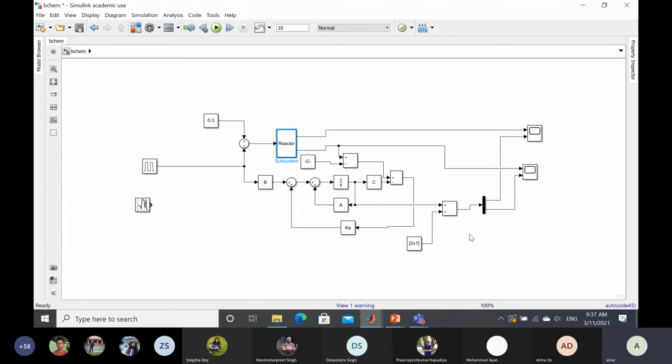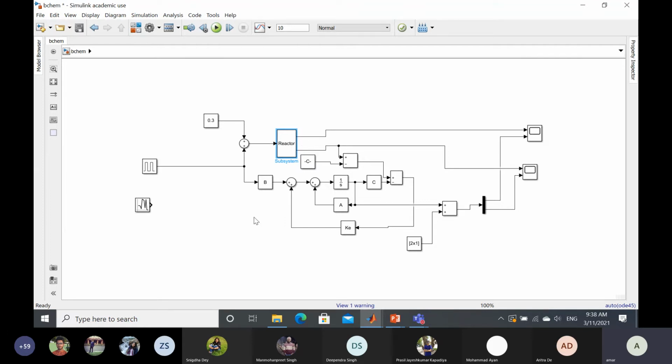So this is basically an observer designed based on the linearization of the nonlinear reactor. Here I am using a nonlinear reactor, in which the variables are the original variables, not in the form of deviation variables.